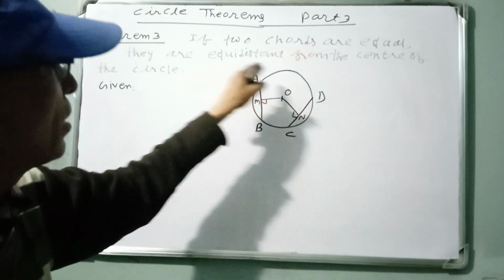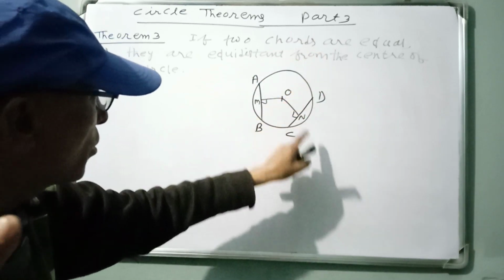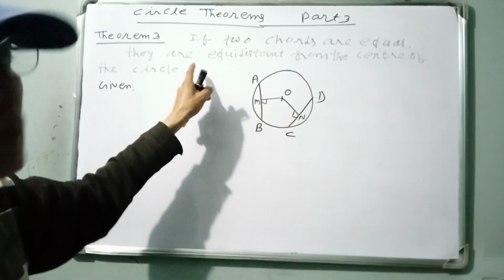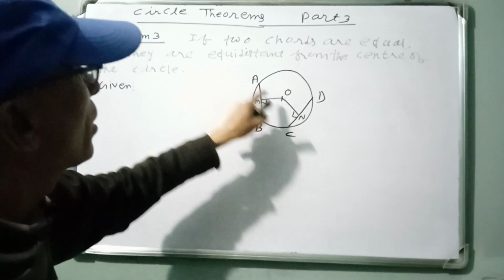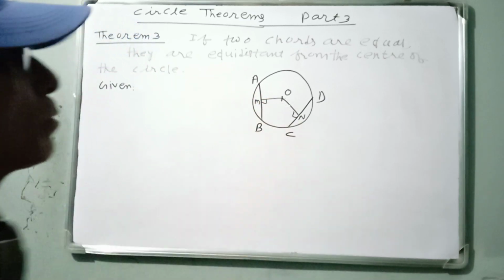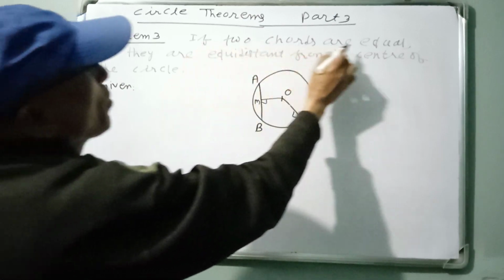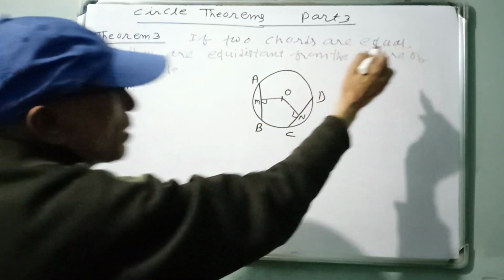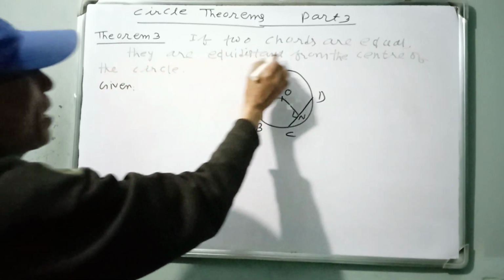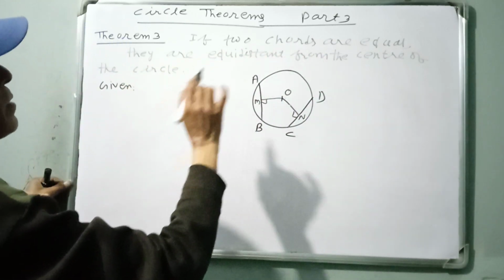गिभन कन्डिसन के हुन्छ, एबी र सिडी दुईटा कड हो, ओ सेन्टर हो, डिस्टेन्स भन्नाले परपेन्डिकुलर, ओएम ओएन इक्वल हुन्छ. प्रुभ गर्नु छ. So what is the given condition? If two chords are equal, they are equidistant from the center.